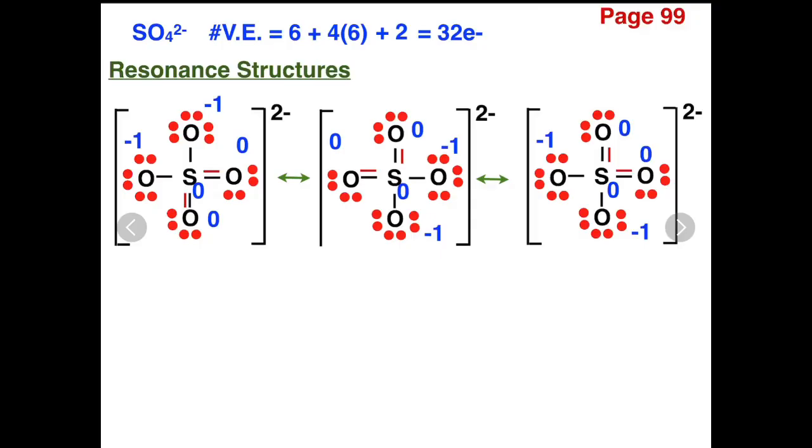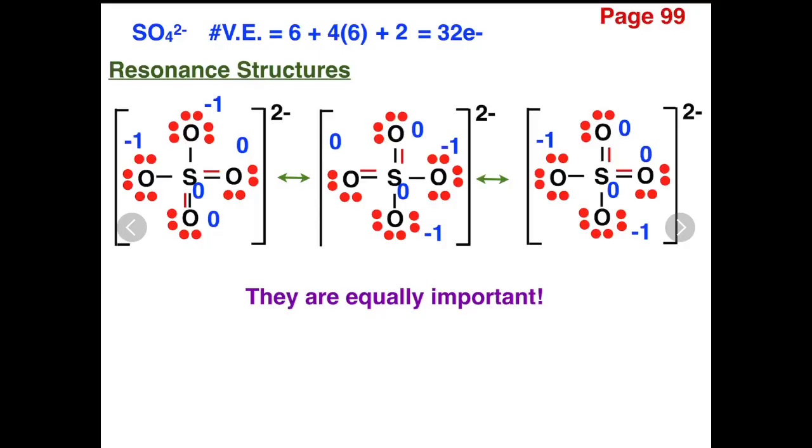If you do that and also calculate the formal charge, you will see that they are equally important because they all have the formal charge closest to 0, and the negative formal charge is still on the most electronegative atom. So all these three are equally important. One is not better than the other.